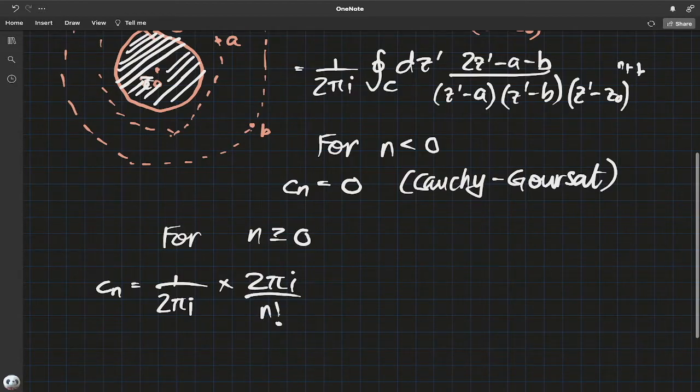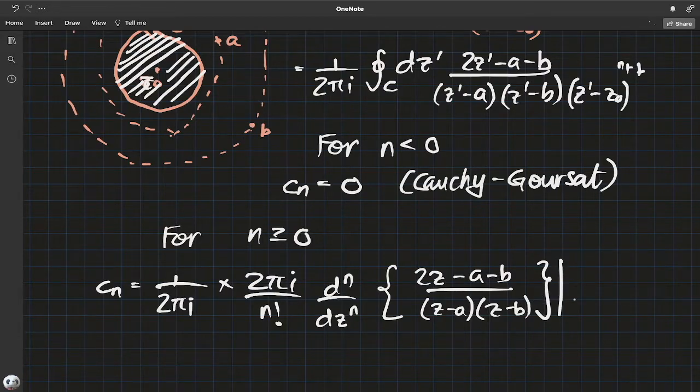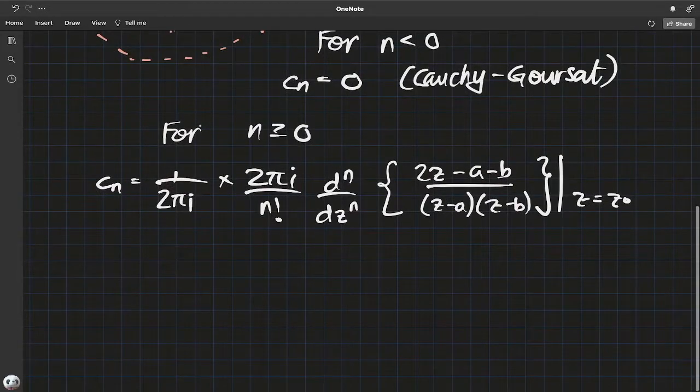So n factorial was sort of the normalizing thing. The nth derivative of f of z prime, which is basically (2z minus a minus b) divided by (z minus a) times (z minus b), taken at the point z0, the troublemaking point.